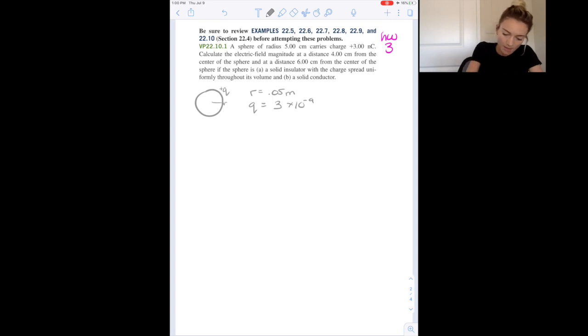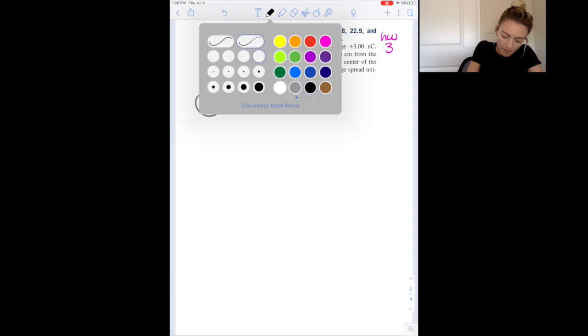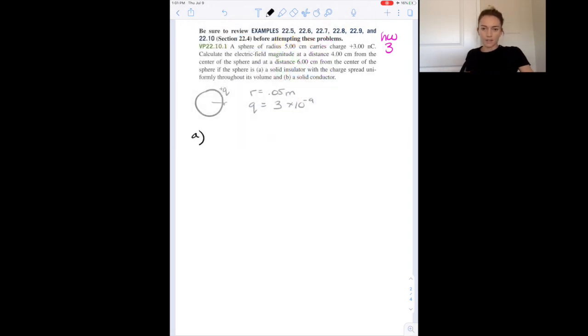So for part A, if it's a solid insulator, that means that the charge is spread uniformly throughout. So our charge is going to be spread out like this. First we want to find the electric field inside the sphere. So what we're going to have to do is use Gauss's law.